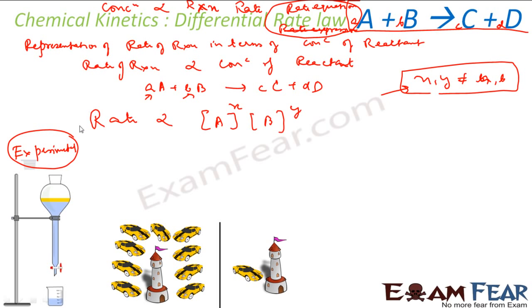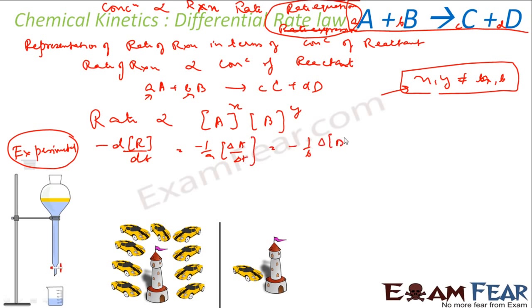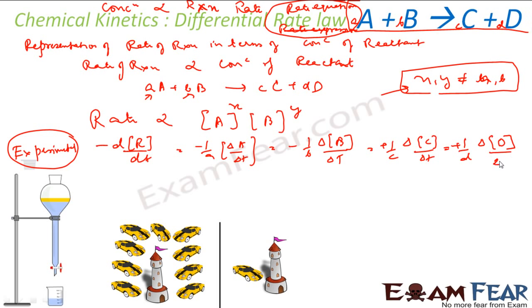And rate, till now what we have seen, rate is nothing but the change of reactant with time, or you can say in this case minus 1 by A change of A by change of T, or minus 1 by B change of B by change of T, or plus 1 by C change of C by change of T, or plus 1 by small d change of capital D by change of T. This is what we have seen.